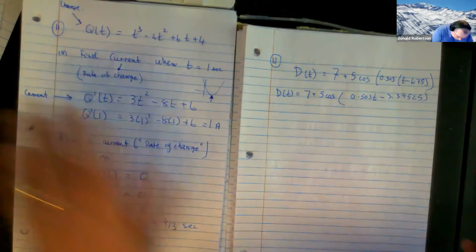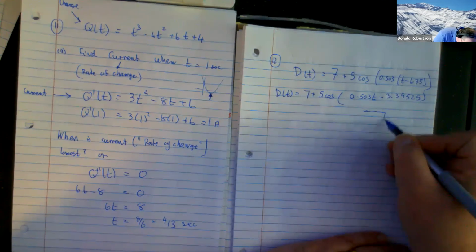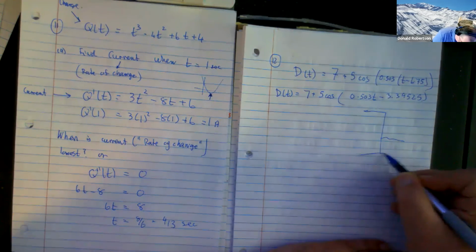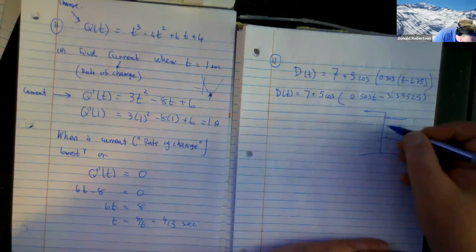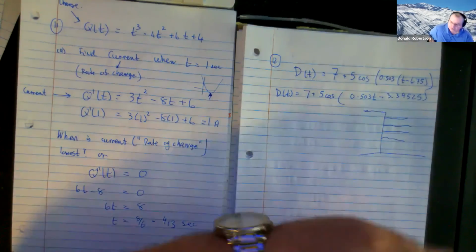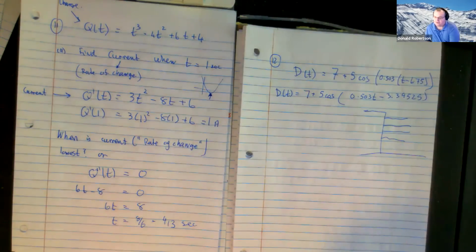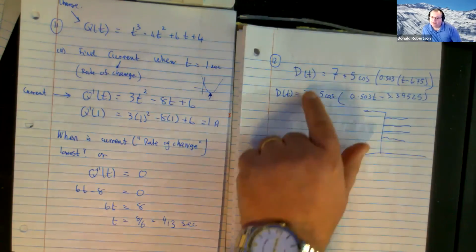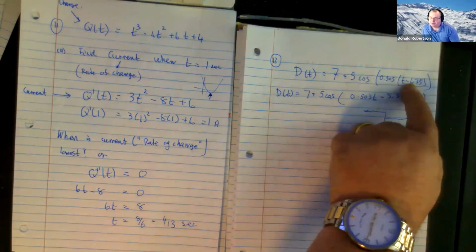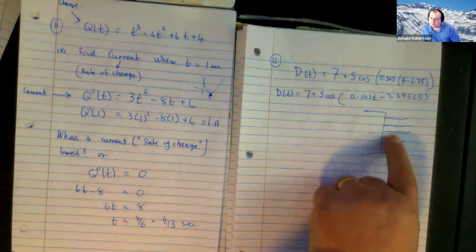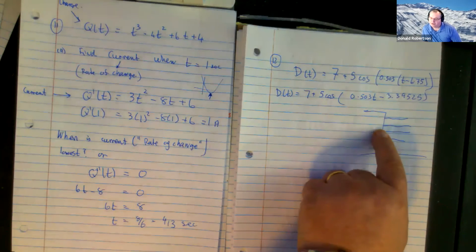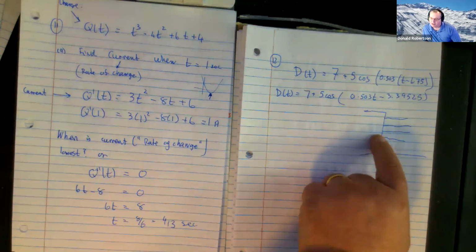So at different times of the day, can you imagine the water level going up and down with the tide? If you put in 5 here, this would be the depth of water in the harbour, right? And you put in 6 and then 7 and then 8 and then 9 and 10, 11.